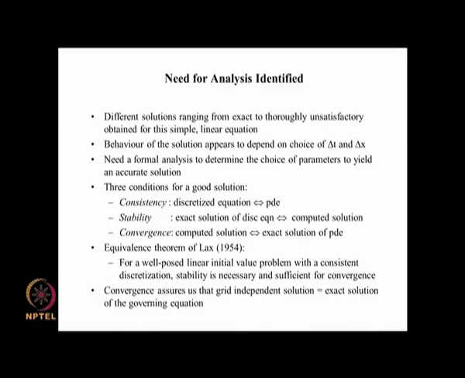That must be one condition, so that we can say that we are solving the correct equation and not some approximate form which leads to a different kind of approximation than what is there in the partial differential equation. And secondly, the discretized equation that we are solving must reach the exact solution of the discretized equation and not some approximation or a solution which is not intended to be there, which is known as the stability condition.